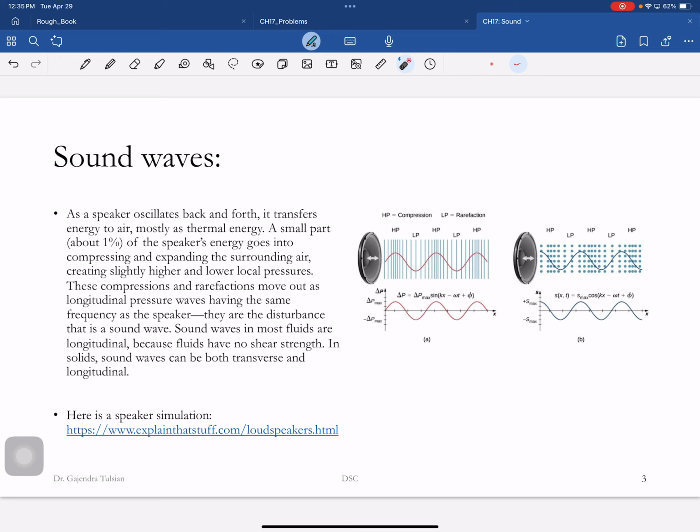How much power is going into the sound? 1 watt. All right. Sound waves in most fluids are longitudinal because fluids have no shear strength. In solids, they can be both transverse and longitudinal.